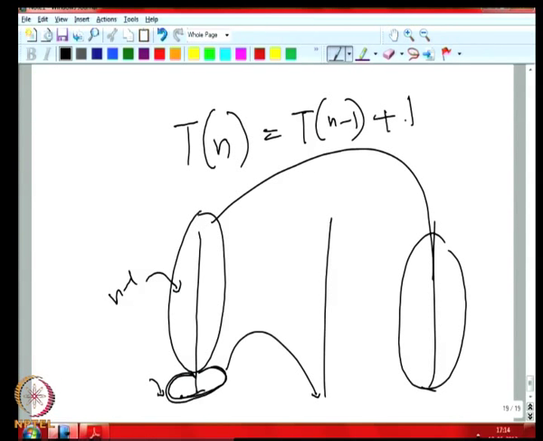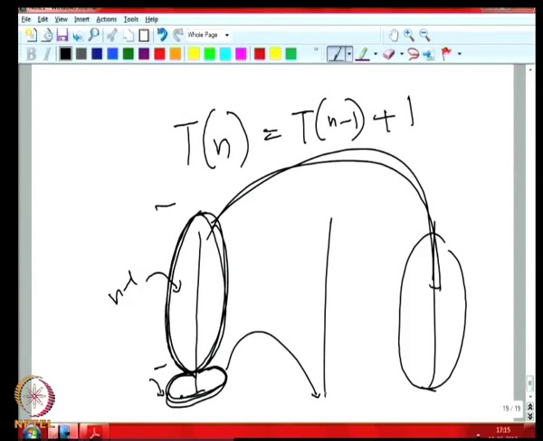So, this is a recurrence relation. First you move all these n minus 1 disks which sit above the biggest disk to here in some way. You can use this intermediate peg here. The role of the first, second, third peg will change, because now the third peg will take the role of the second peg, right.